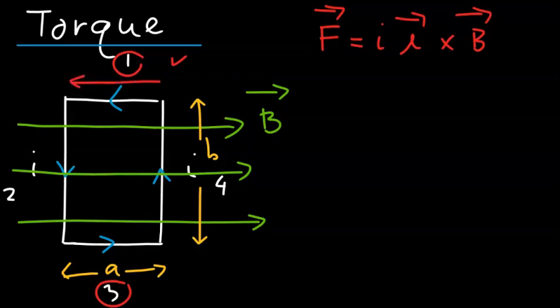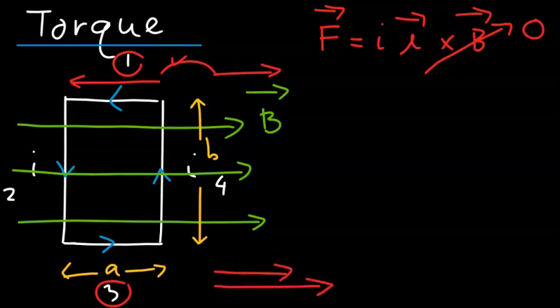The magnetic field is going to the right, so the angle between them is 180 degrees. So that means the magnetic force vanishes for side 1. Likewise, for side 3, the length vector is going to the right, the magnetic field is also going to the right, so the angle is 0 degrees. They are parallel to each other, and the magnetic force is also 0 on side 3.